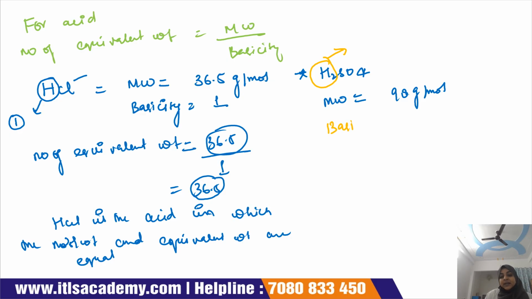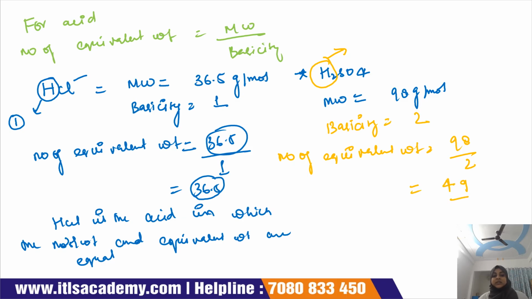That means the basicity is 2. Now put this into the formula: equivalent weight is equal to 98 divided by 2, that is 49. So this is how we calculate the equivalent weight in the case of an acid.